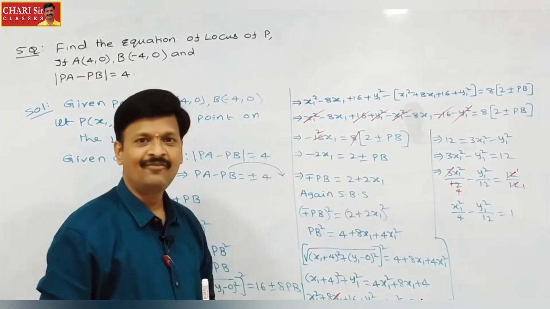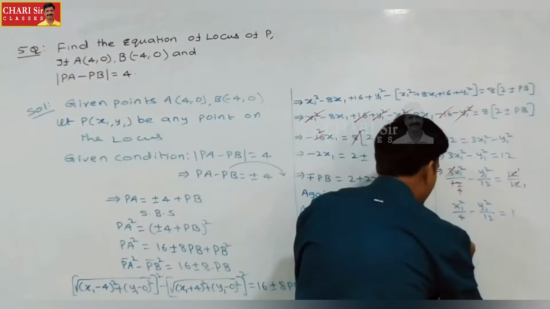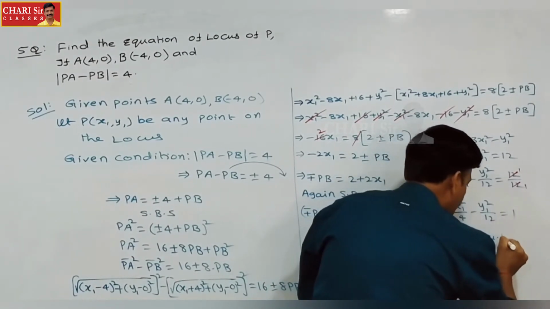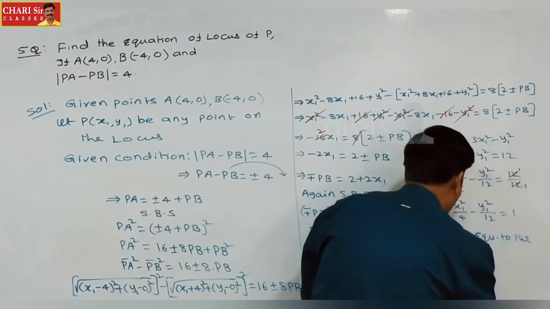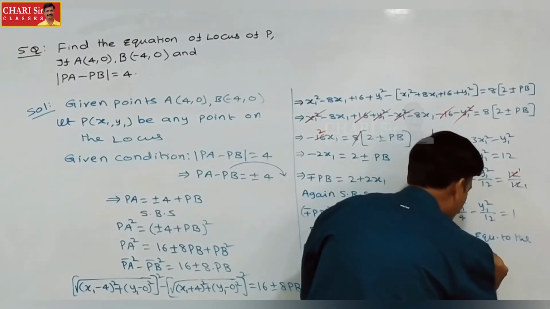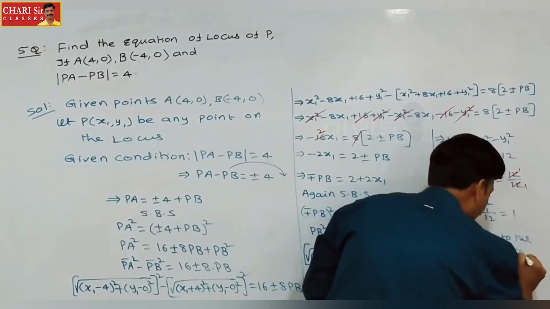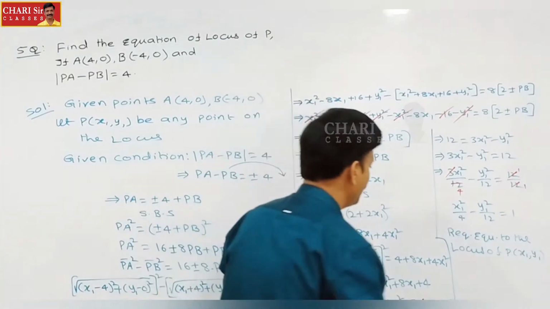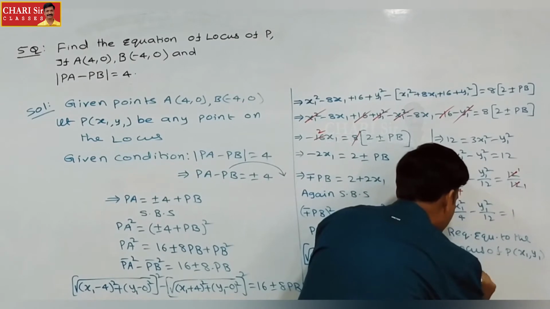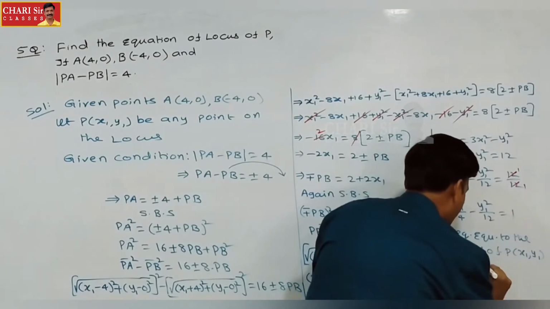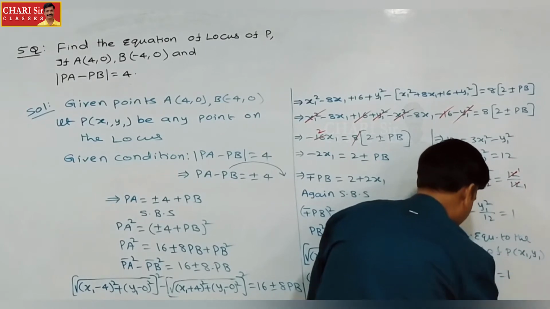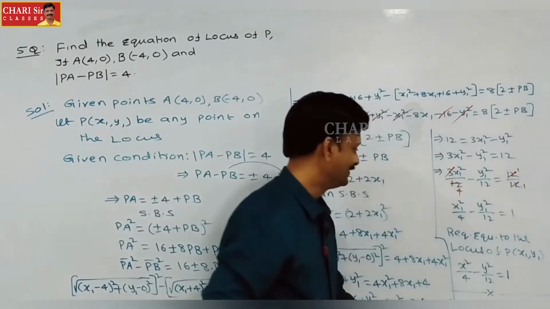You need to write the final step, that is the required equation to the locus of P(x1, y1). We are generalizing this equation. The locus is x square by 4 minus y square by 12 is equal to 1. This is your final answer.